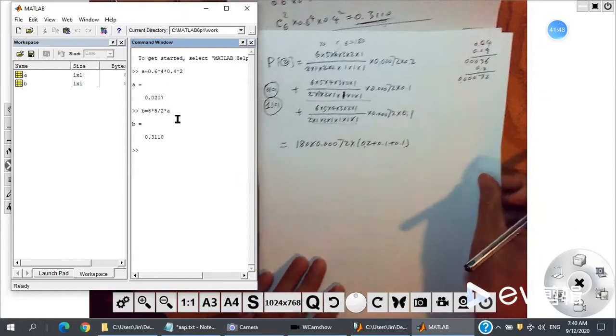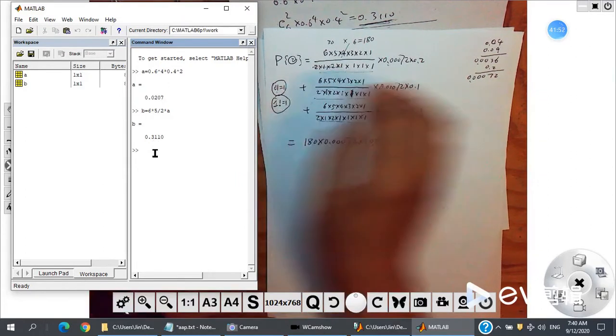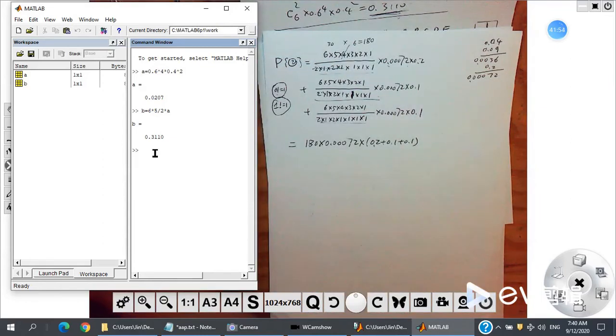This one I need a calculation. I use this 180 times 0.00072 and times summation. This is 0.4.